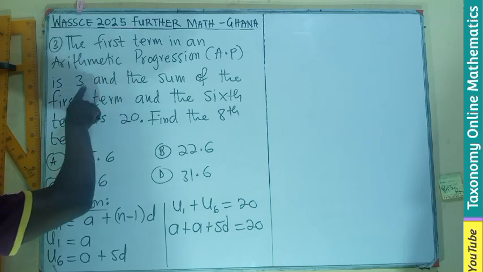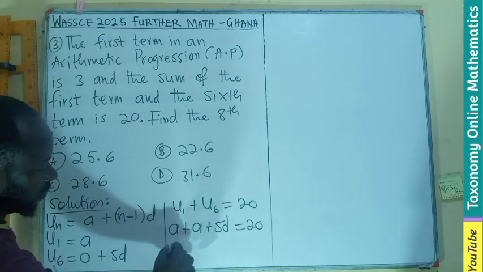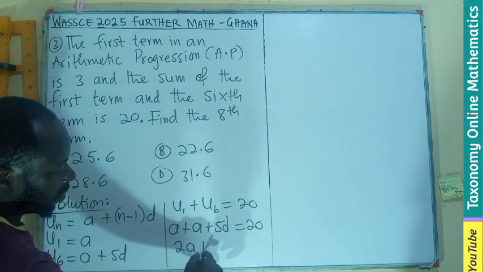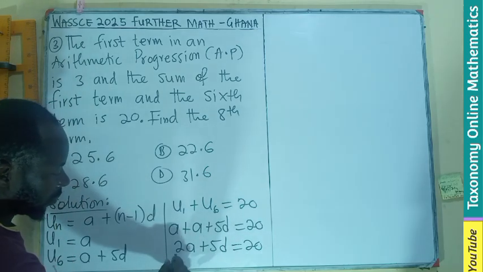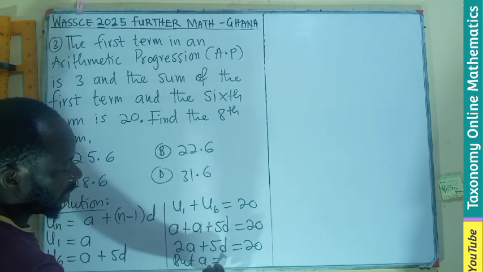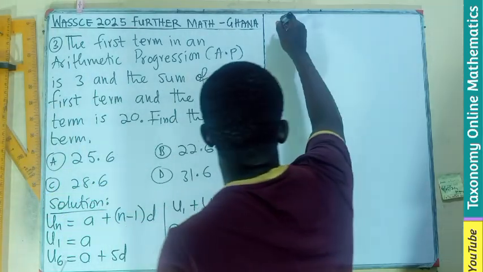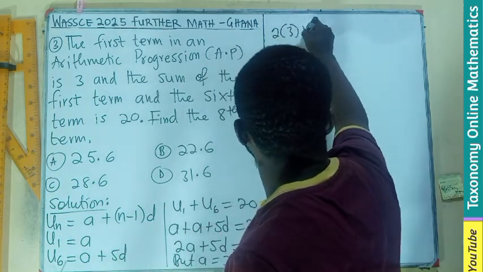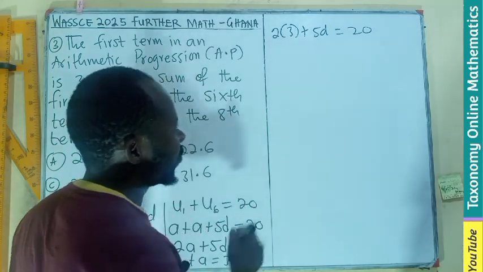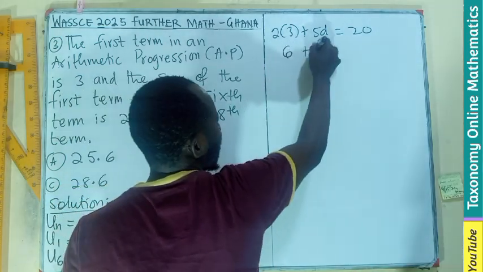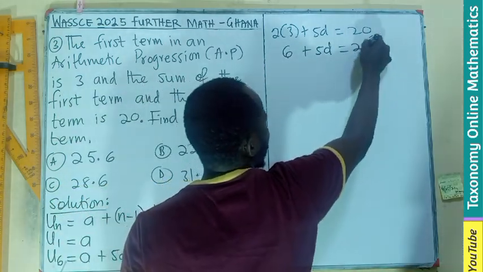But we have been given the first term as 3. So if I have 2a plus 5d equals 20, but a equals what? 3. That means I'll have 2 times 3, plus 5d equals 20. Fast forward, this will be 6, plus 5d, 20.